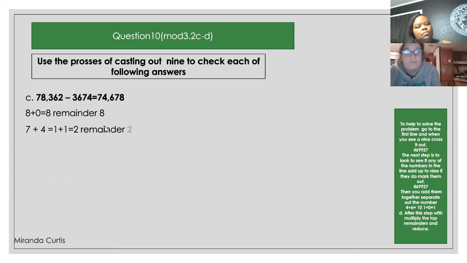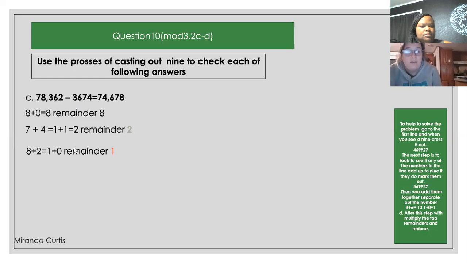And then our next line, again, we're going to look at if anything equals 9. So 6 and 3 are out, and then we have 7 and 4. So we have 7 plus 4 equals 11. When you have a double digit, you add it, and that's going to give you a remainder. So 1 plus 1 equals 2. So it gives us 2 as our remainder.